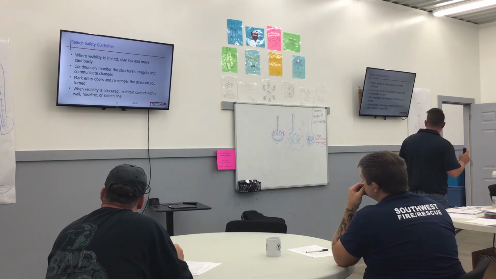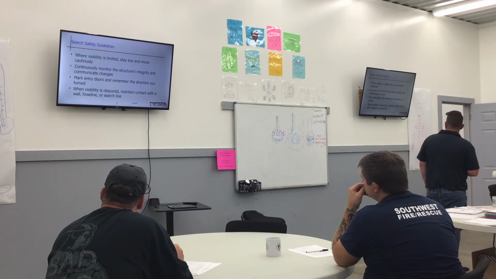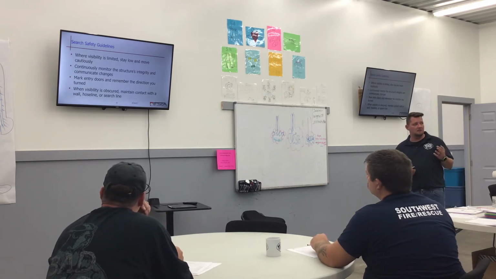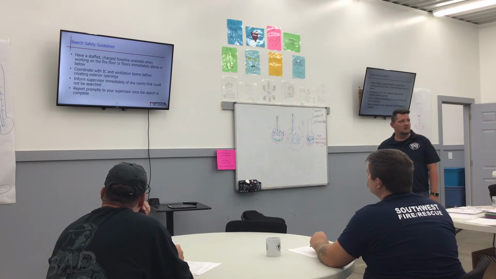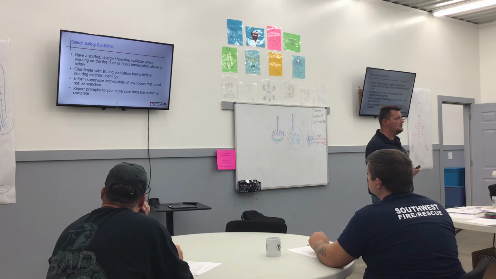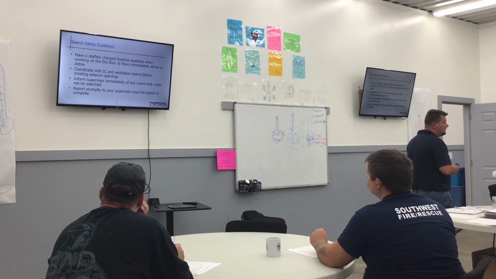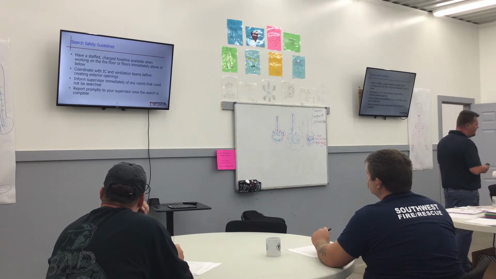We'll talk about marking here a little bit. And if visibility is obscured, we're going to maintain contact with a wall, hose line, or search line. Have a staffed charged hose line available when working on the fire floor or floors immediately above or below. Coordinate with IC and ventilation teams before creating exterior openings.